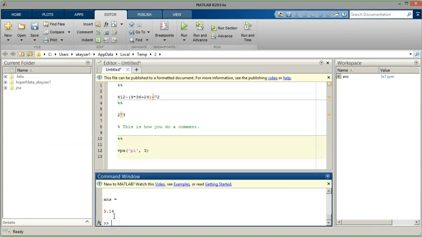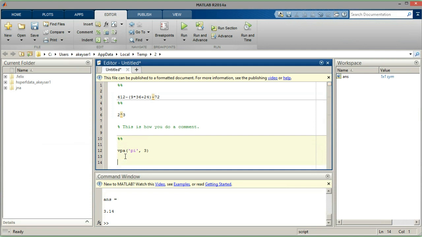Okay, so let's try another example. Let's try VPA, and let's put in here the square root of 2. So let's put 2 to the 1/2 power. And this is another thing.